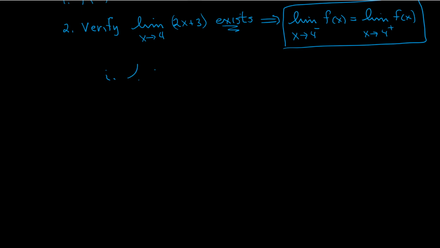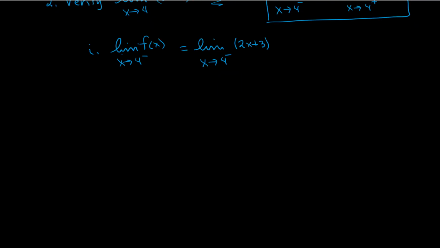Okay, so this is going to be the limit of f of x as x approaches 4 from the negative side. Okay, so this is going to be the limit of 2x plus 3 as x approaches 4 from the negative side.